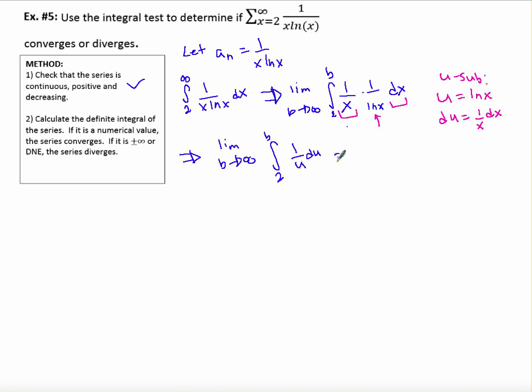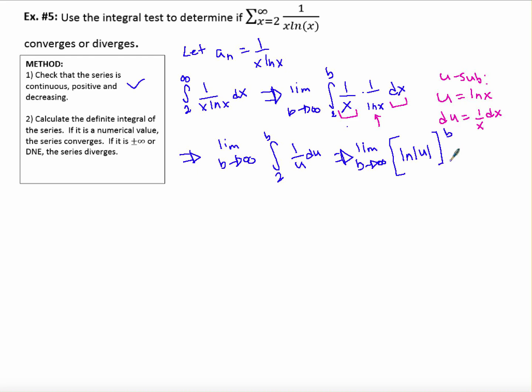So let's go ahead and do that. I've still got my limit in the front. And when I take the antiderivative of 1 over u, I'm going to get ln u. And remember, when you take the antiderivative, what's in your argument has to be positive, so we're going to put our absolute value symbol in there.